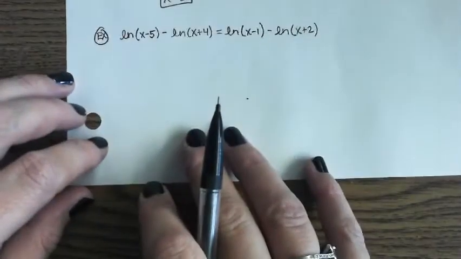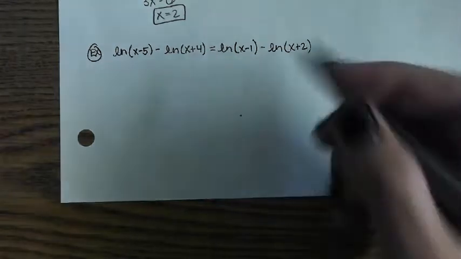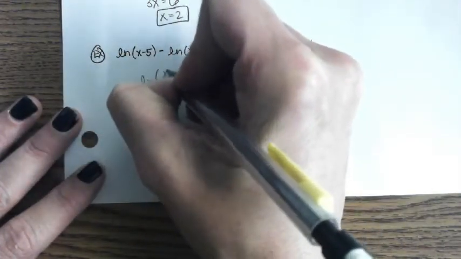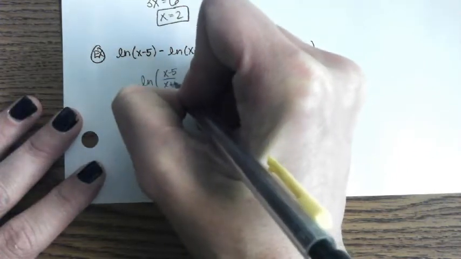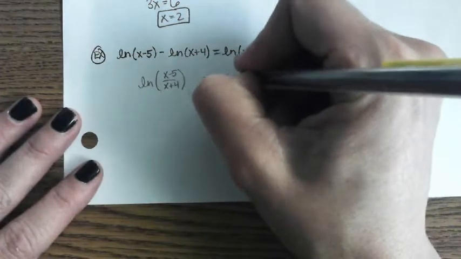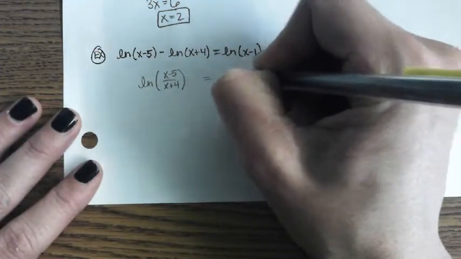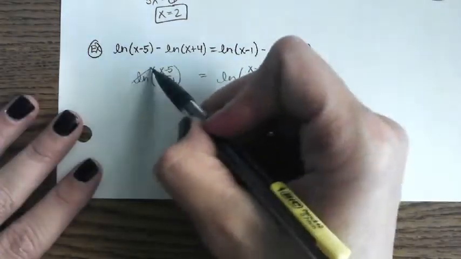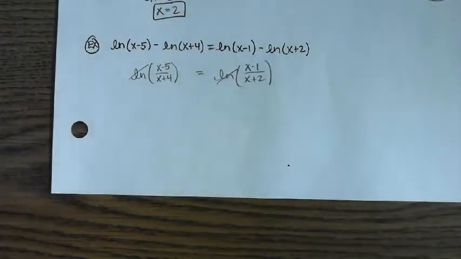And the last one. They're all natural logs. So I can condense on the left. And I can condense on the right. And I can cross off the natural log. What kind of equation is this?